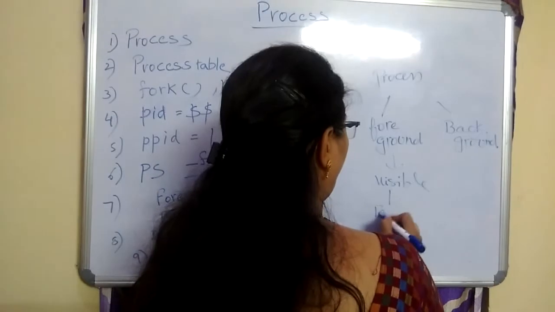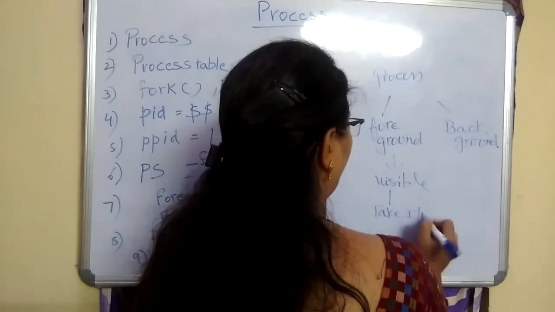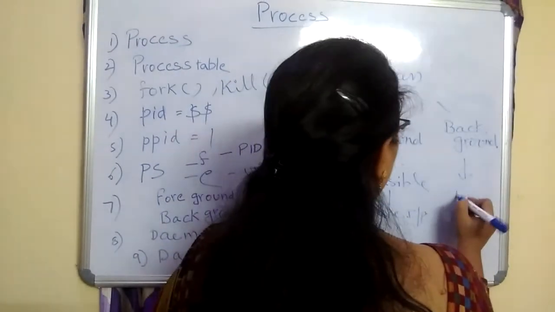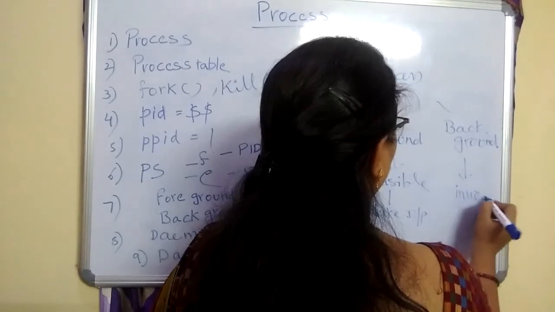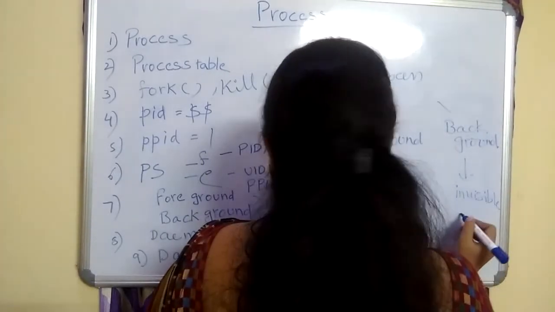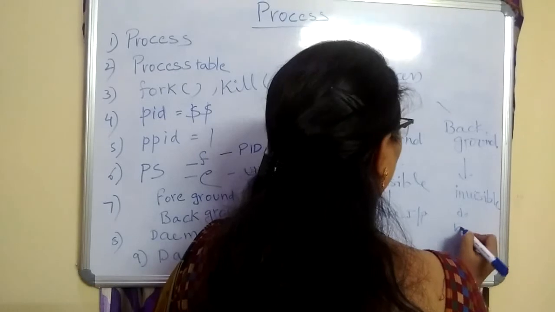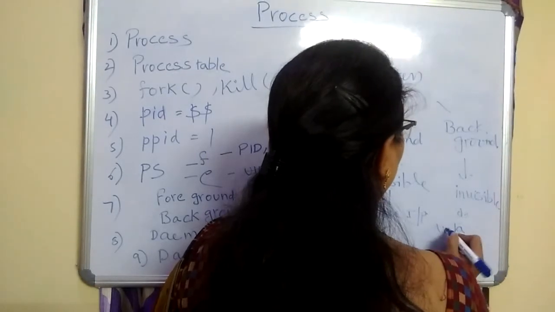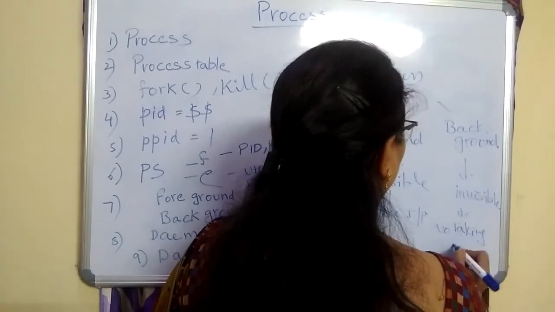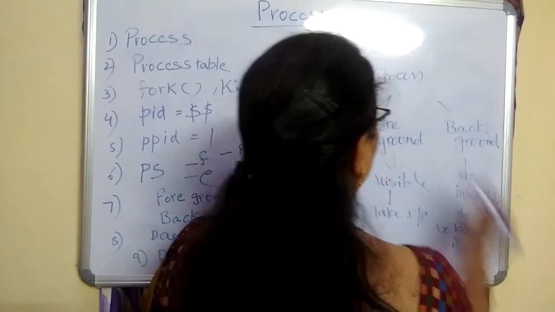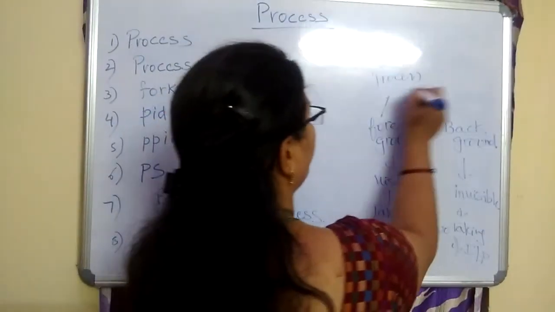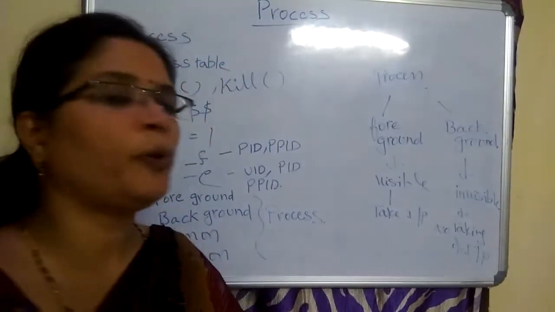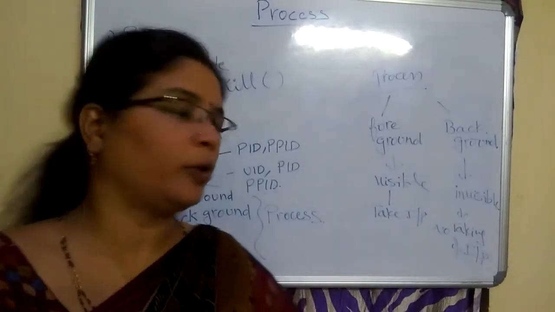They can take input from users, whereas background processes are invisible. They won't take input from the user. So processes can be divided into two types: foreground processes as well as background processes.